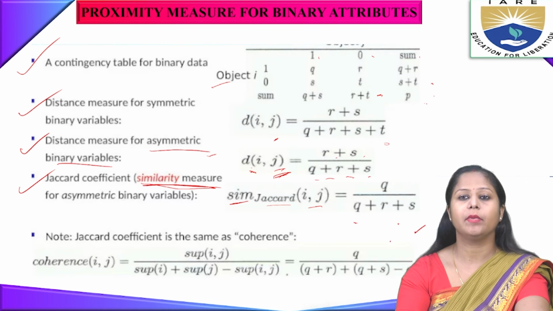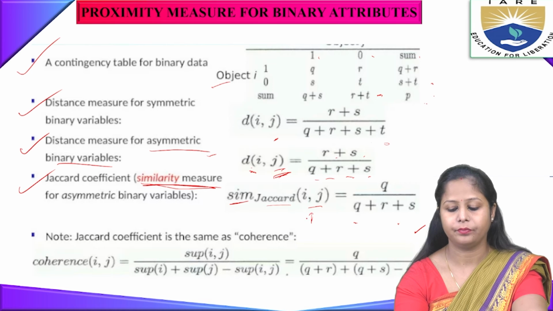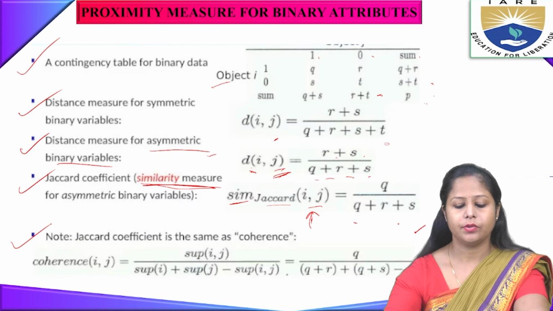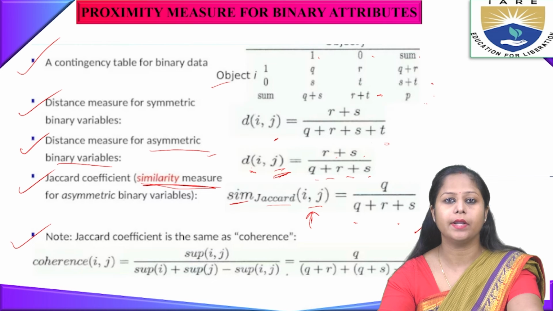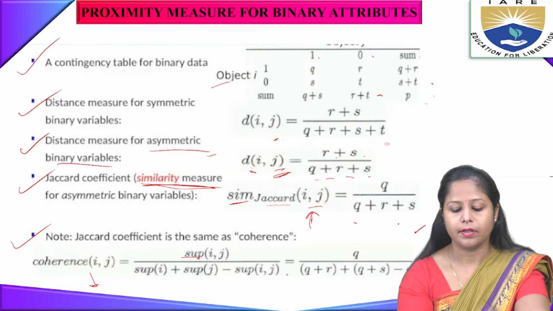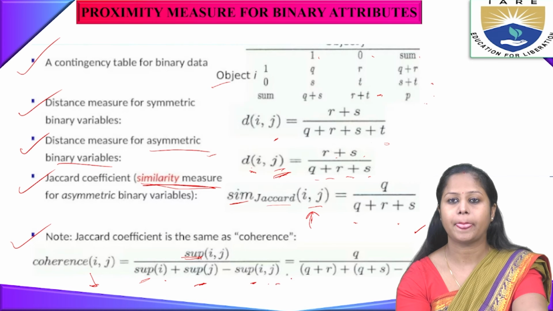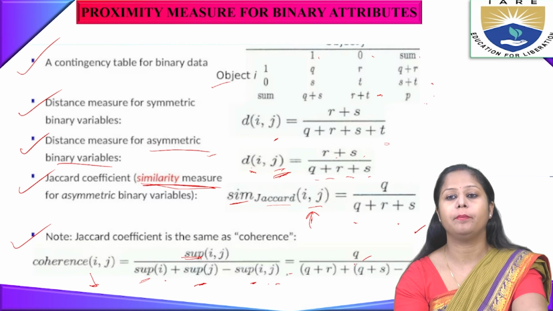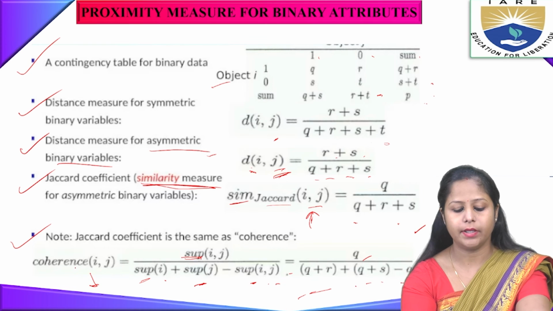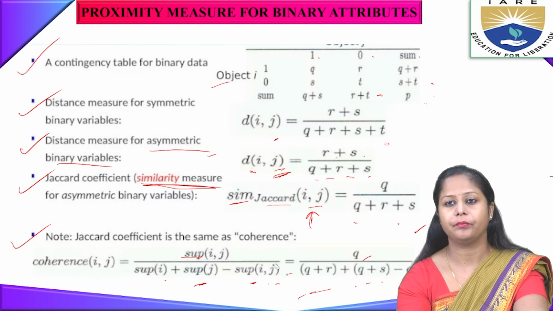So that will be the similarity coefficient for the i, j data objects. The Jaccard coefficient is the same as the coherence. Coherence of i, j we calculate as sup of (i, j) upon sup of i plus sup of j minus sup of (i, j). That is nothing but q upon (q plus r) plus (q plus s) minus q. So we calculate the coherence of i, j from this formula.